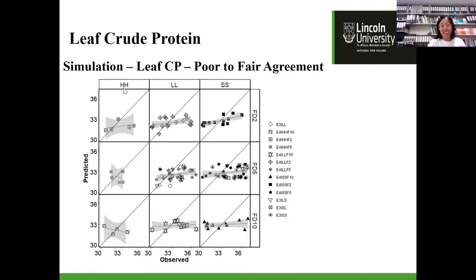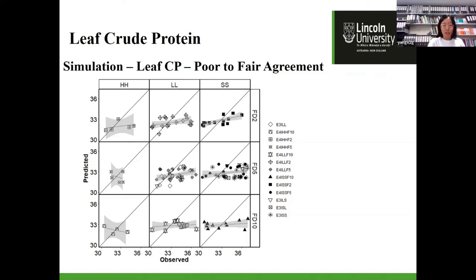We have HH, LL, SS, different defoliation treatments, and FD2, 5, and 10. The range of leaf crude protein is between 30 and 35 for most of the treatments. So although the range is small, the prediction still needs to be improved.